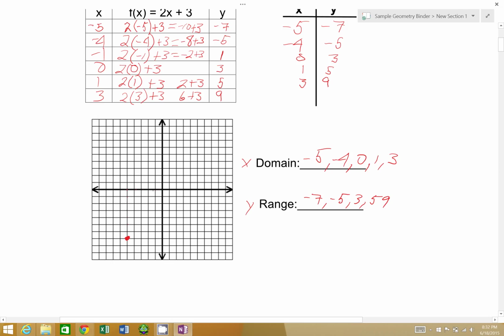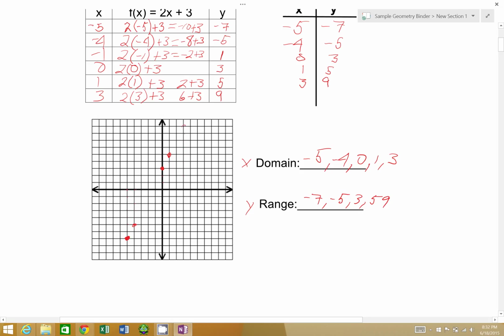Go -4, down 1, 2, 3, 4, 5. Go over 0 and up 1, 2, 3. Go over 1 and up 1, 2, 3, 4, 5. And go over 3 and up 1, 2, 3, 4, 5, 6, 7, 8, 9.